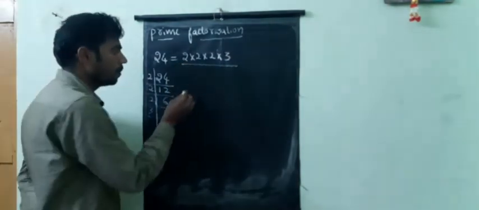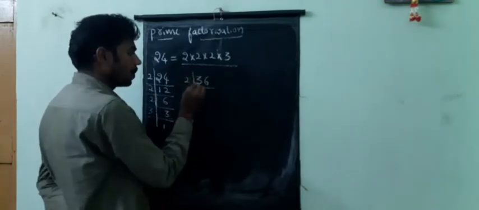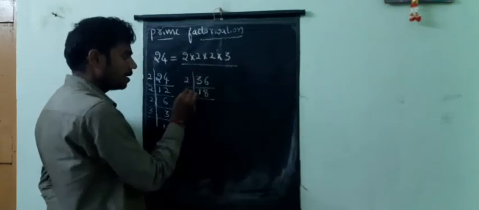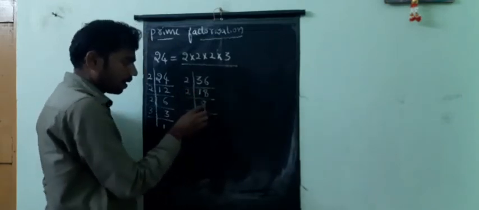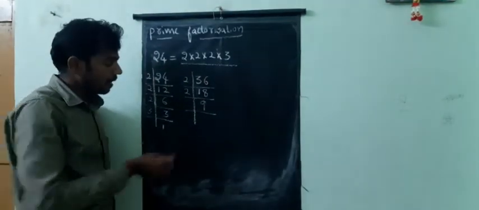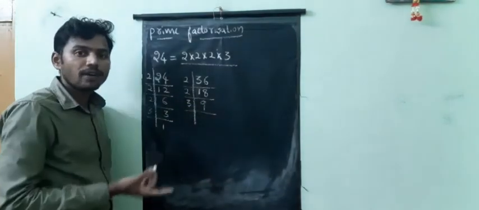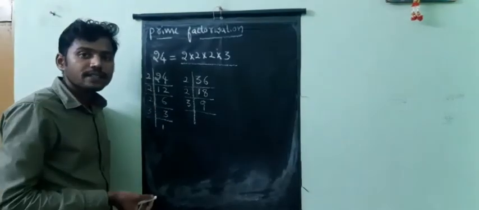If I take one more number, 36, since the number is ending with 6, I will start with 2. 2 18s are 36, again it is ending with 8, 2 9s are 18. Now, is 9 divisible by 2? No. The next smallest prime number is 3. If it is not divisible by 3, I should try 5, and if not divisible by 5, then 7.